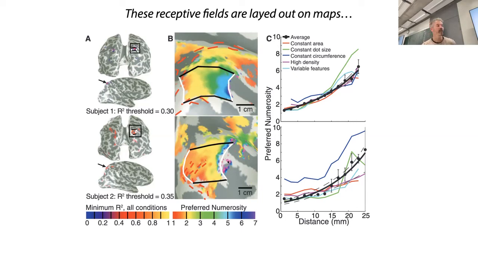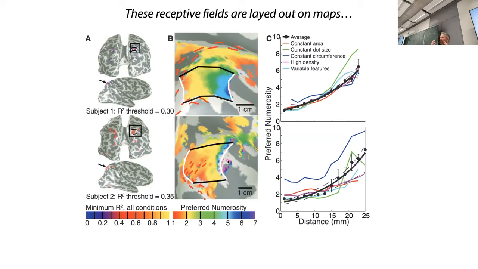And so this is pretty funky. This is the first instance that we saw that an abstract quantity, like an abstract dimension, which numerosity is, is represented in a map-like way, in a receptive field-like way, in the human brain.